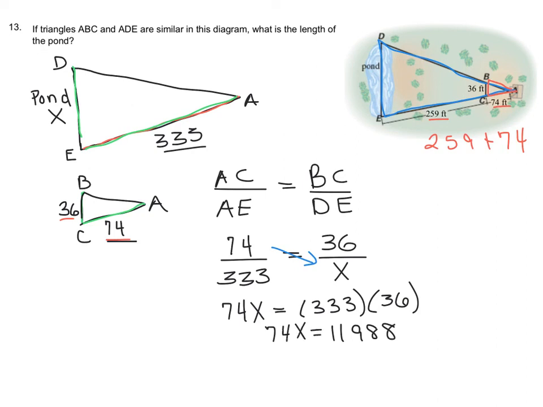Next, we're going to divide both sides by 74. And we're left with X equaling 11,988 divided by 74, which is 162. That means that the pond is 162 feet long.